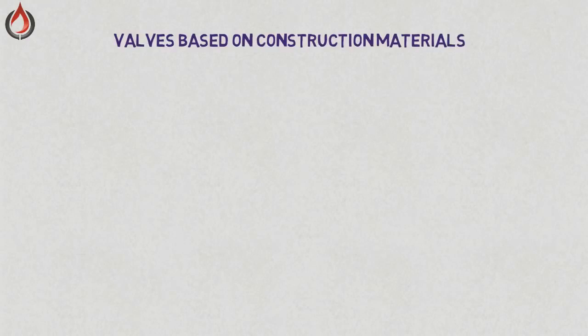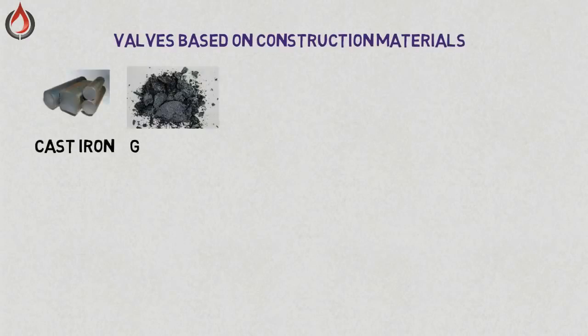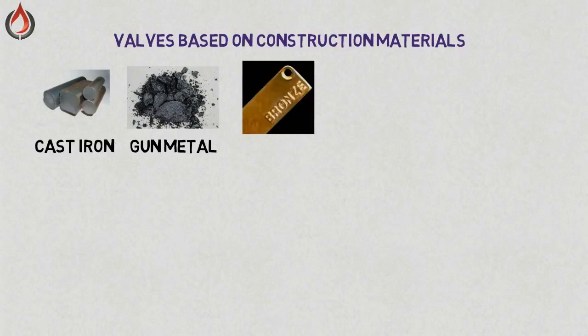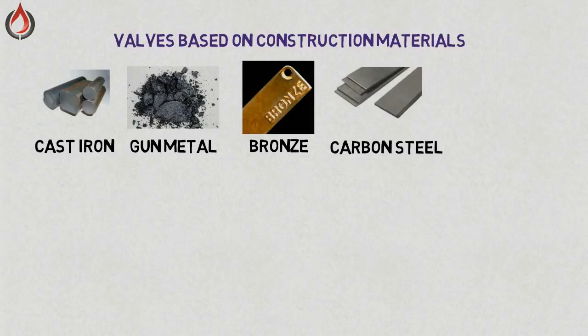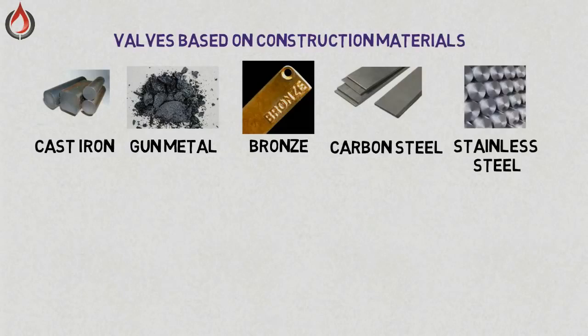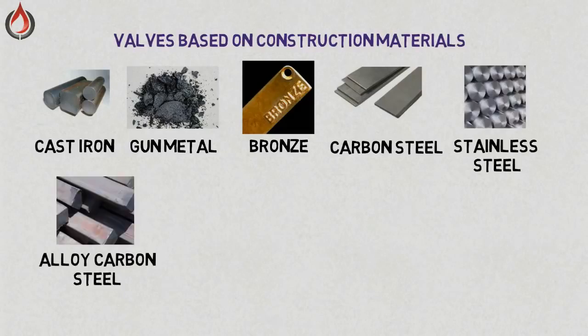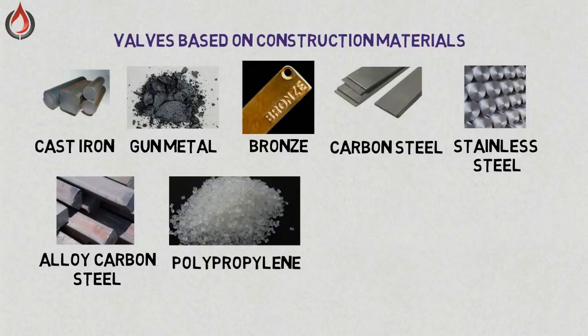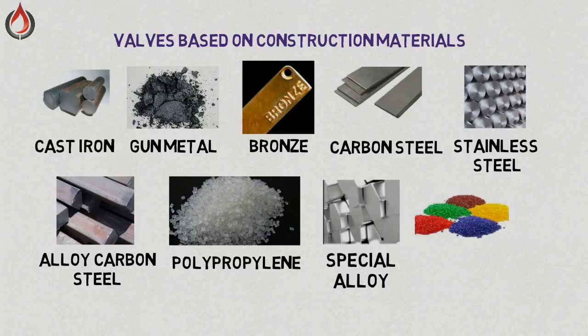Valves based on construction materials are cast iron, gunmetal, bronze, carbon steel, stainless steel, alloy carbon steel, polypropylene, special alloy, and some other plastics.